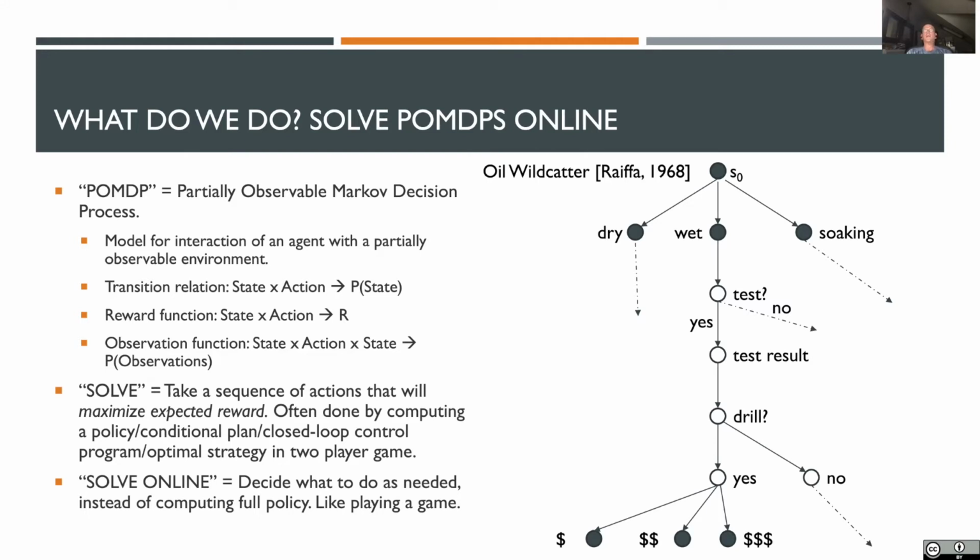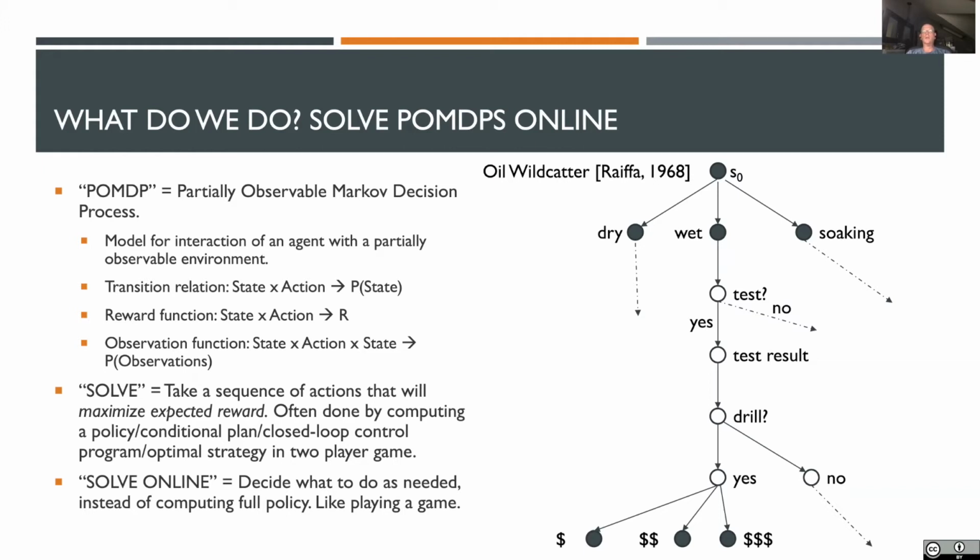Now, as an example, the right side of the slide shows the textbook case of the oil wildcatter. In this POMDP, in the initial state, a stochastic choice determines the state of the oil field, which the wildcatter does not observe. Then the wildcatter can choose whether or not to make a seismic test.